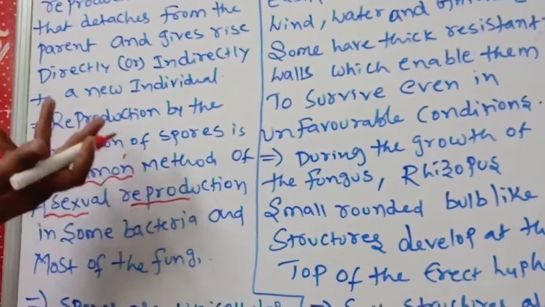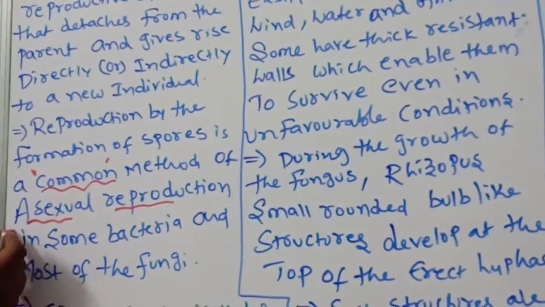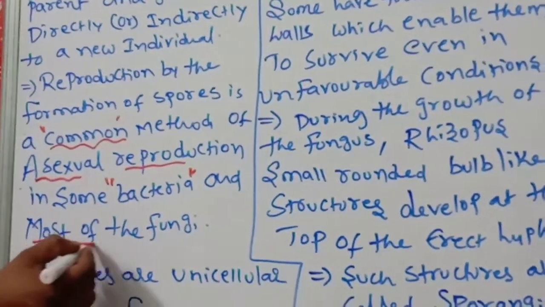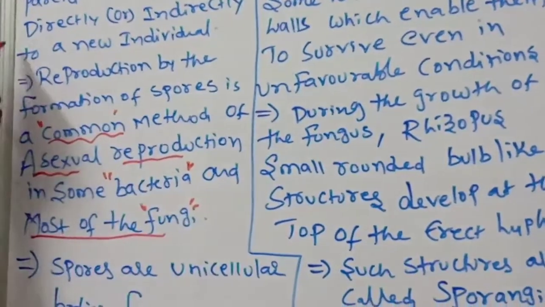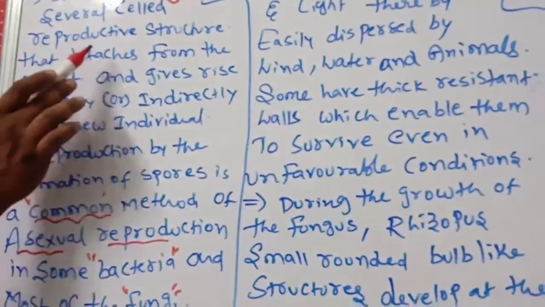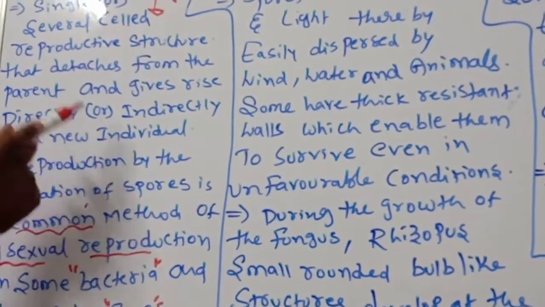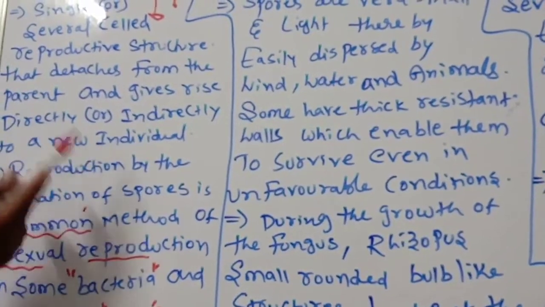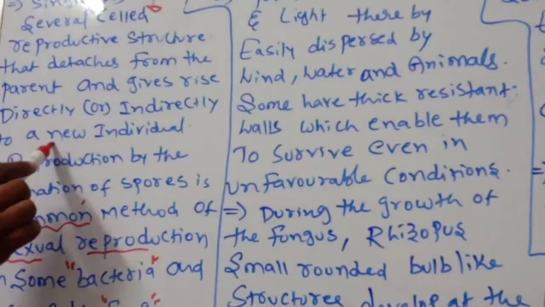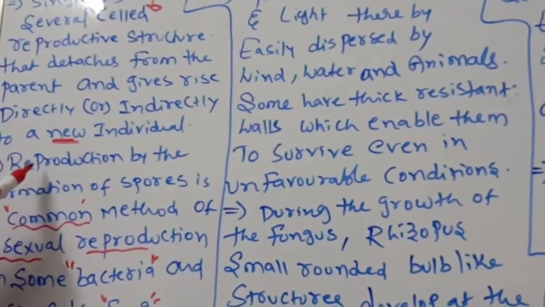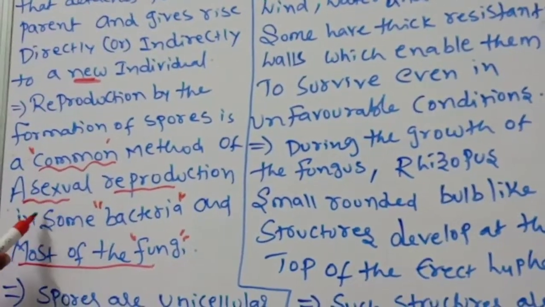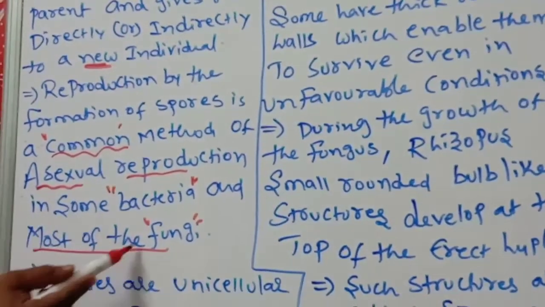No gametes, no fusion, nothing. That's why it is asexual reproduction, especially in some bacteria and most of the fungus.